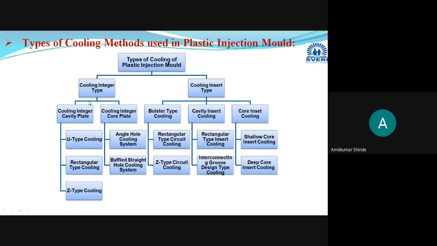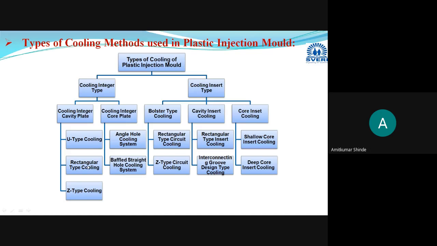Then this cooling integer type is classified in two different types, that is cooling of integer cavity plate and cooling integer core plate. And this cooling insert type is basically classified in three subtypes, that is bolster type cooling or supporting plate type cooling, then cavity insert cooling, and core insert cooling.